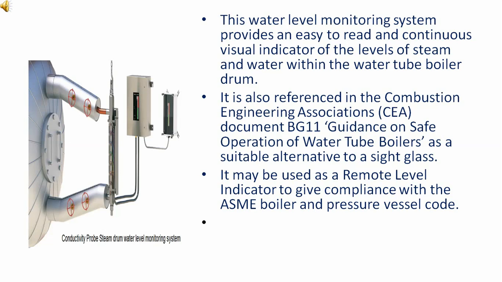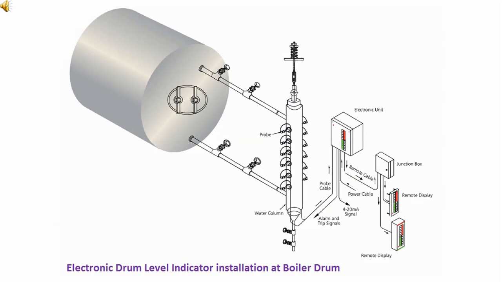It may be used as a remote level indicator to give compliance with the ASME boiler and pressure vessel code. Here we are having another diagram for the electronic drum level indicator installation at boiler drum.